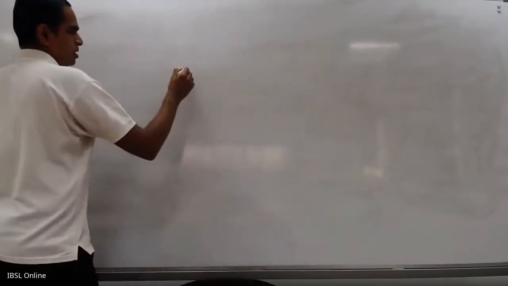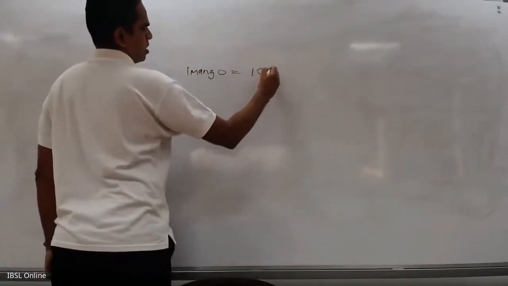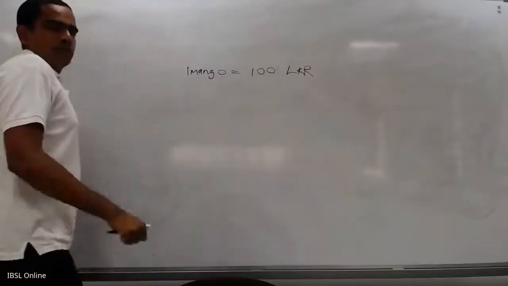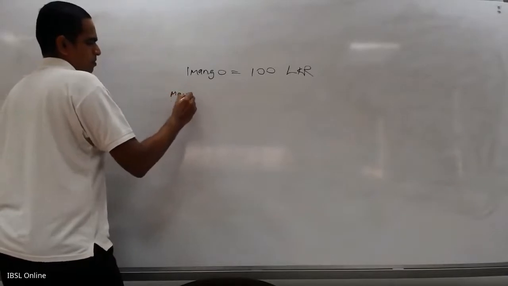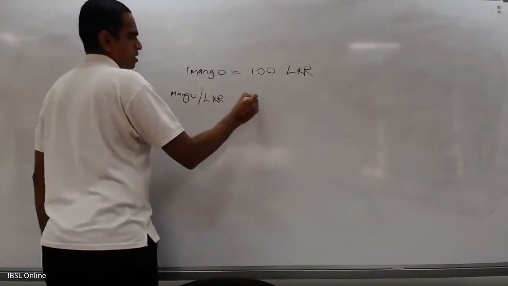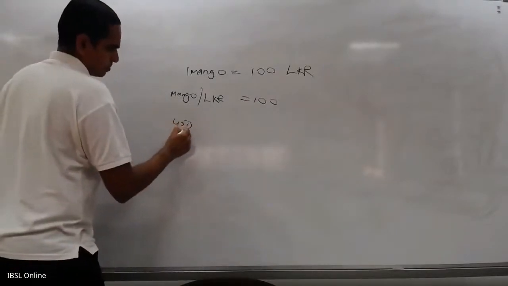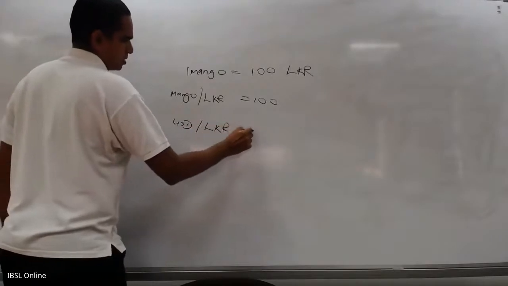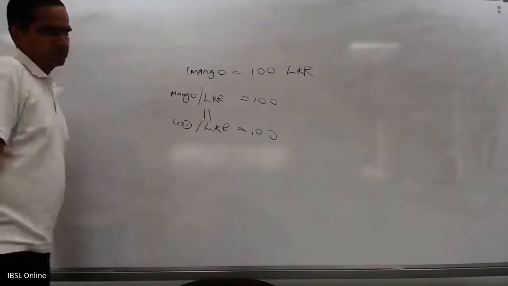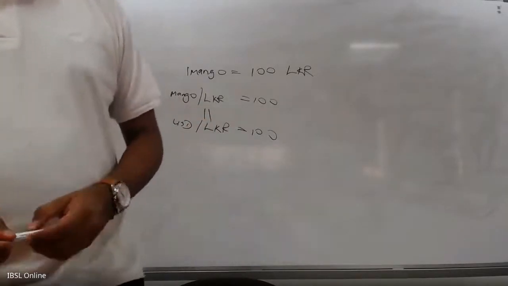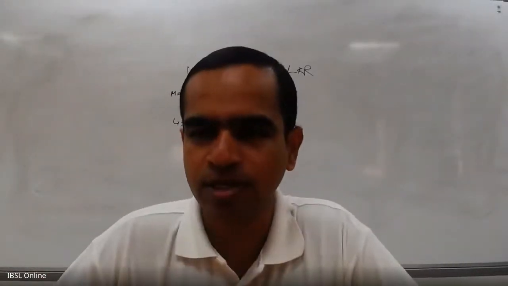Because if you say one mango is 100 rupees, this is the price of one mango against the rupee. It is 100. Now, if a mango was called a dollar, then the dollar against the rupee is 100. And so there is absolutely no difference between these two. They are identical. That's what I meant. So if you know how to buy a mango, you know how to buy foreign exchange. It's as simple as that.